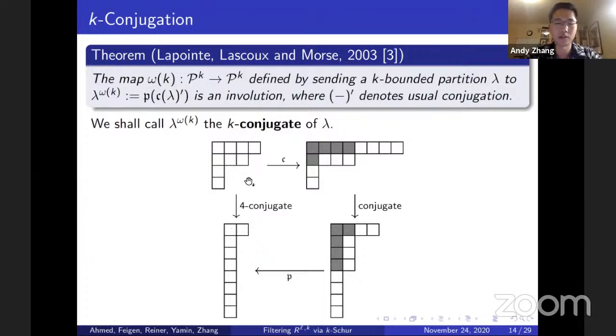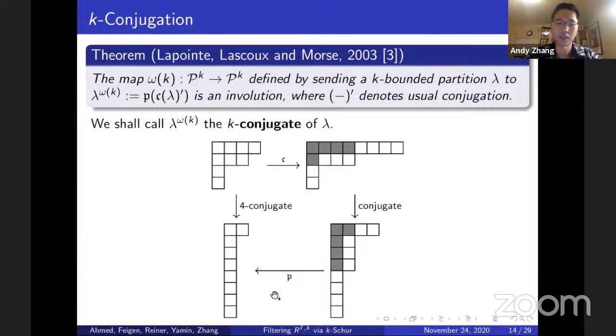So here we start with the 4-bounded partition 4311. As we've seen in the previous slide, it's turned into the 5-core 8411. Then by doing the usual conjugation, we get 4221111, which is also a 5-core.